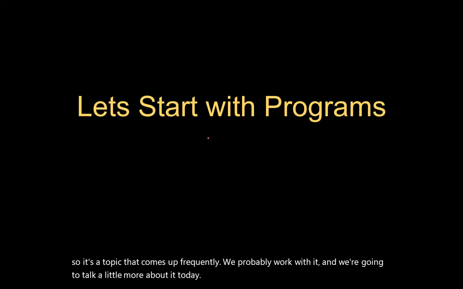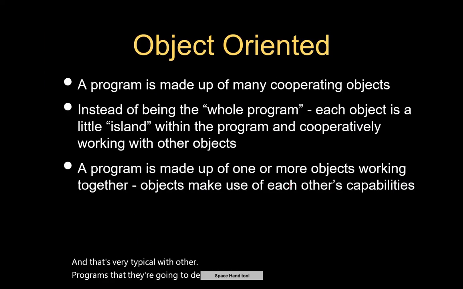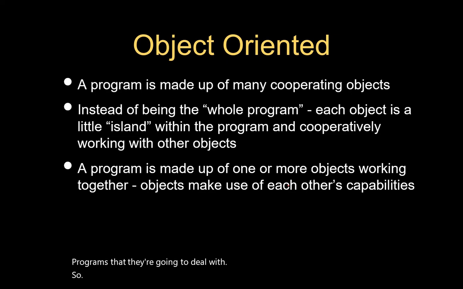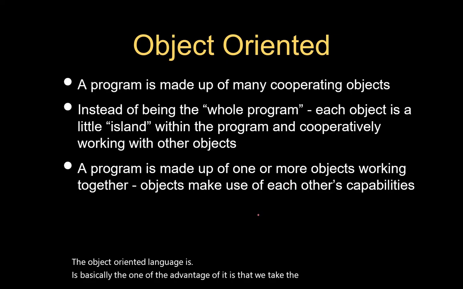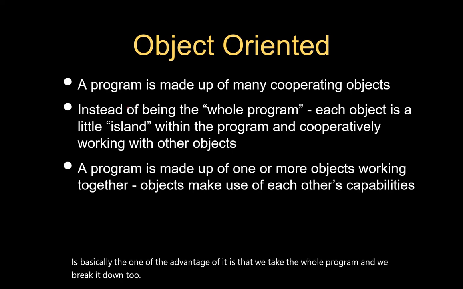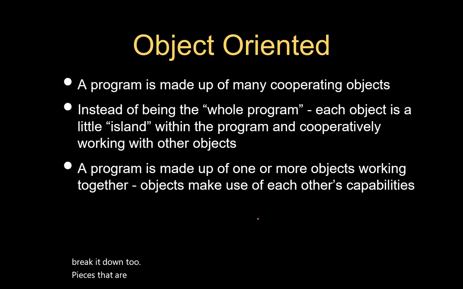So we're going to go back. One of the advantages of an object-oriented language is that we take the whole program and we break it down to pieces that are more manageable in terms of functionality.